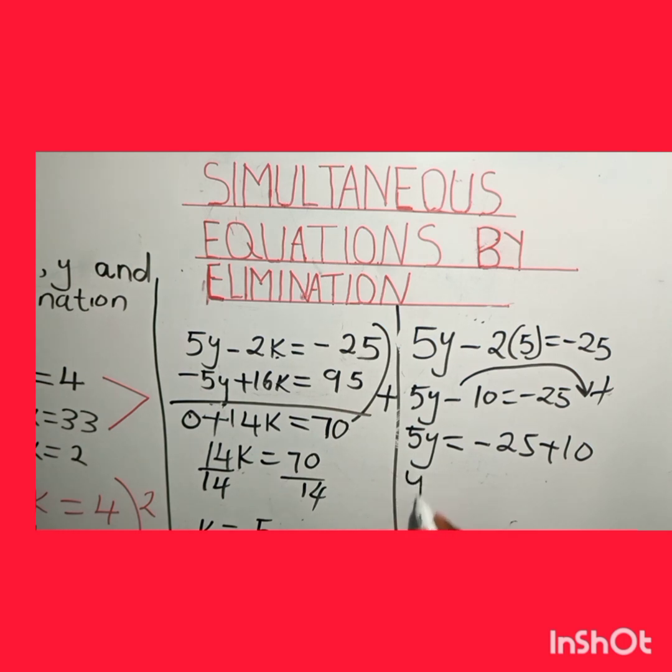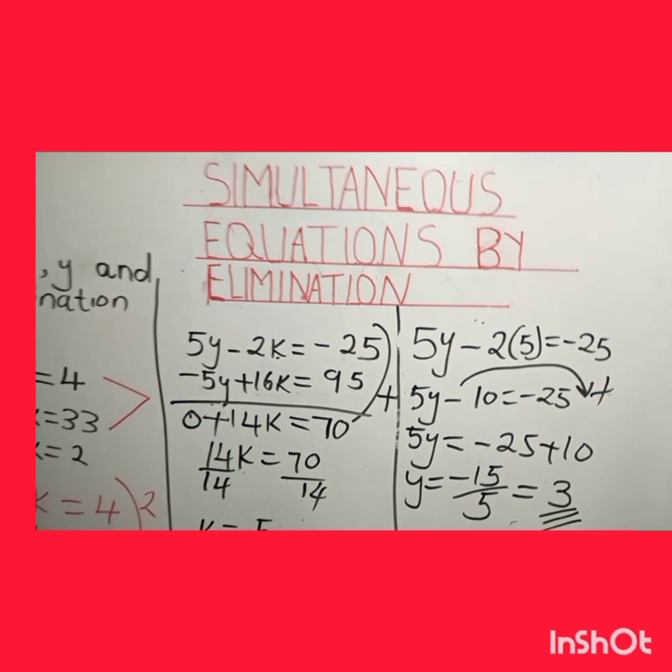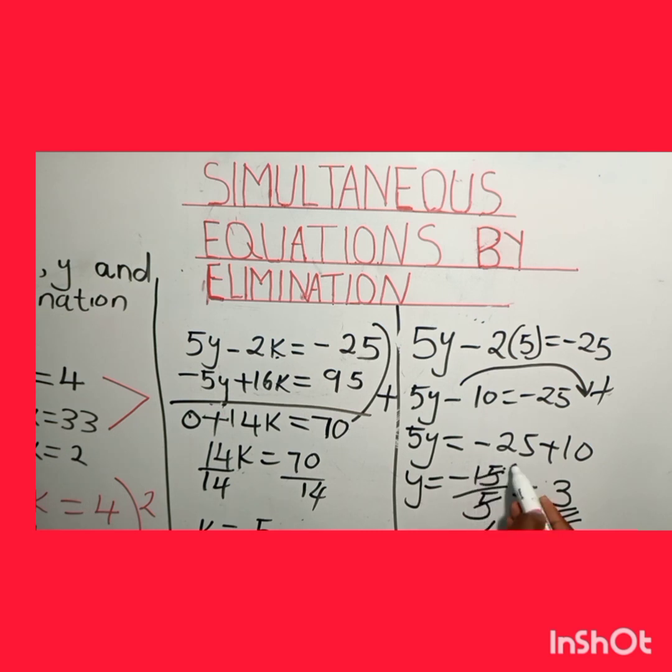So the value of y, we divide both sides by 5. So y is equals to minus 15 all over 5. Then 5 ones are 5, 5 threes are 15. So our y becomes minus 3.